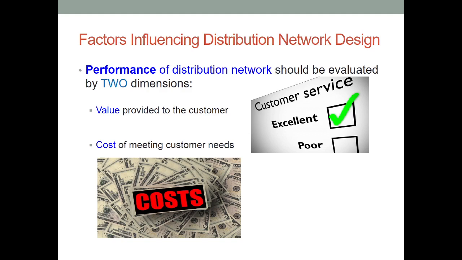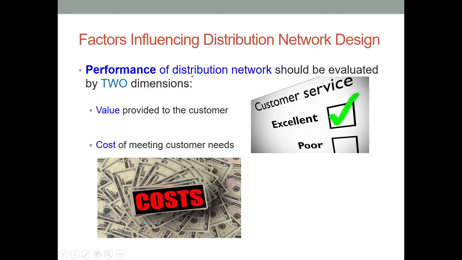So here, the performance of a distribution network should be evaluated by two dimensions. The first one is value provided to the customer. What level of customer service can you provide when you choose the distribution network?